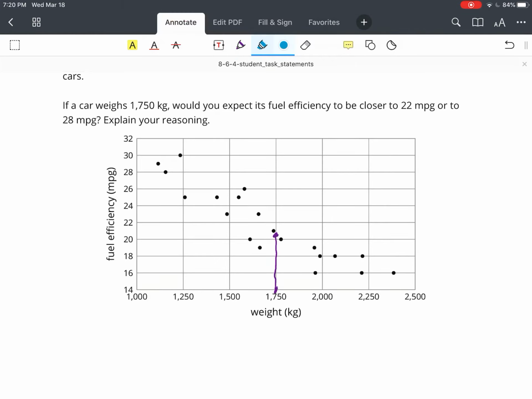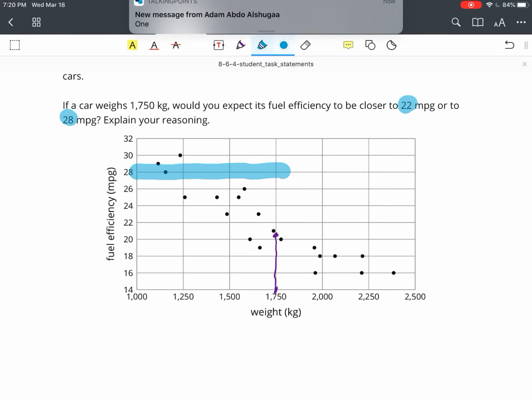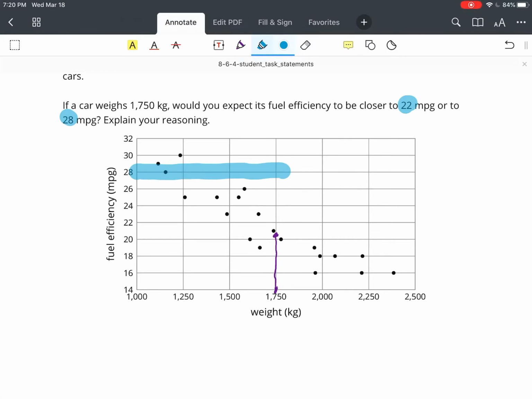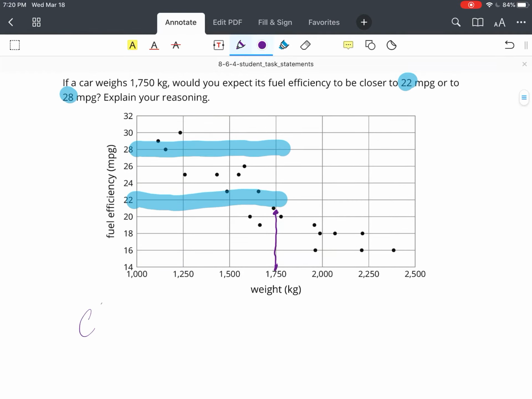So we're being tasked to think whether it's 22 mpg or 28 mpg. 28 is over here, and 22 is here. So it makes sense that it's closer to 22 mpg. But you might be wondering why.